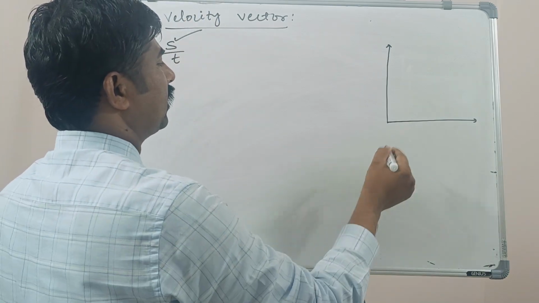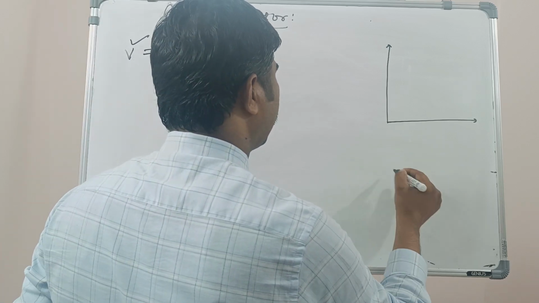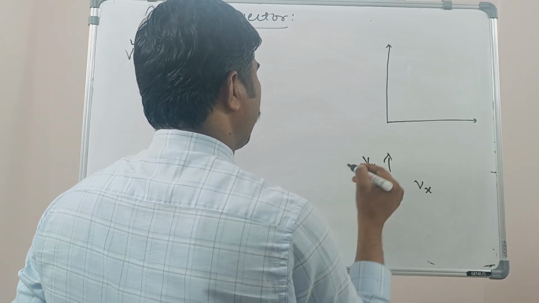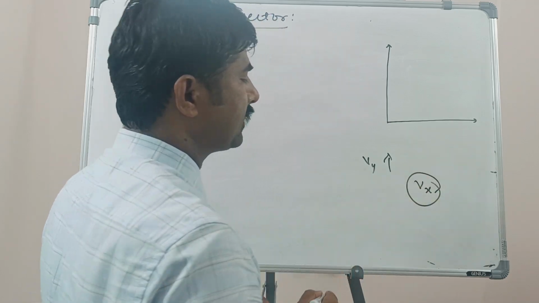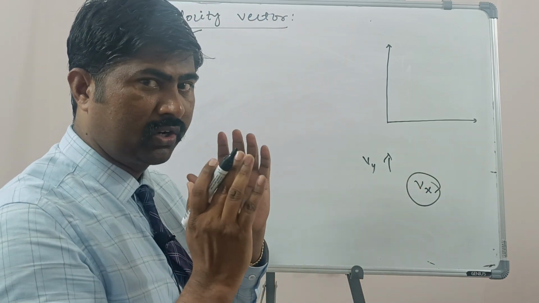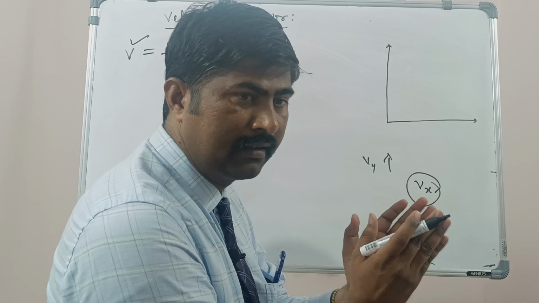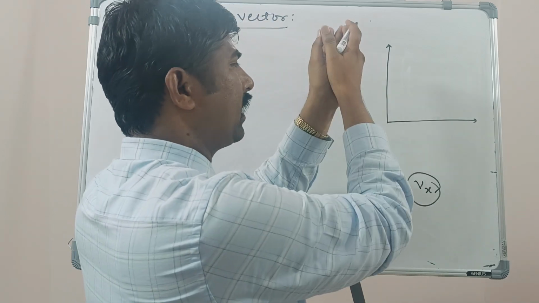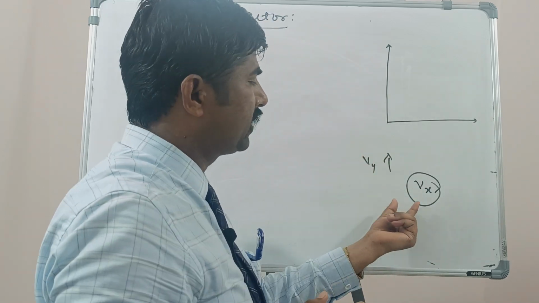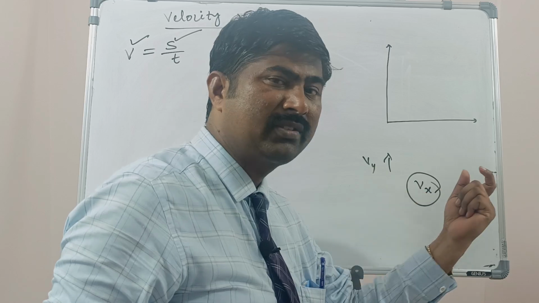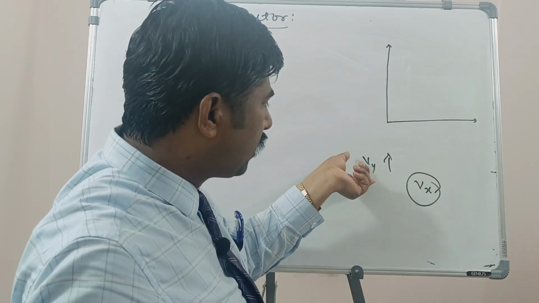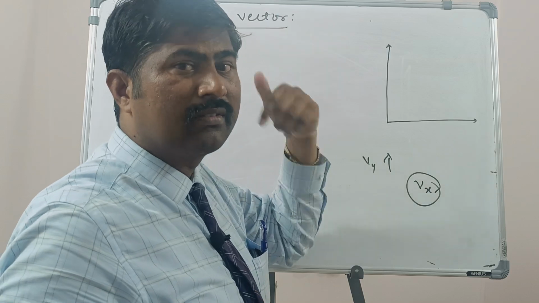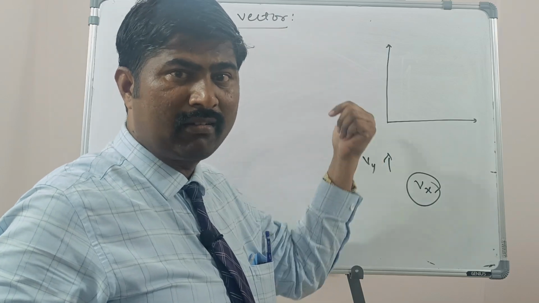The horizontal component is taken as Vx and the vertical component as Vy. Vx is the rate of change of position of a body along the x-axis, and Vy is the rate of change of position of a body along the y-axis. So the rate of change of position along the x-axis gives the velocity of the body along the x-axis, and the rate of change of position along the y-axis gives the velocity along the y-axis.